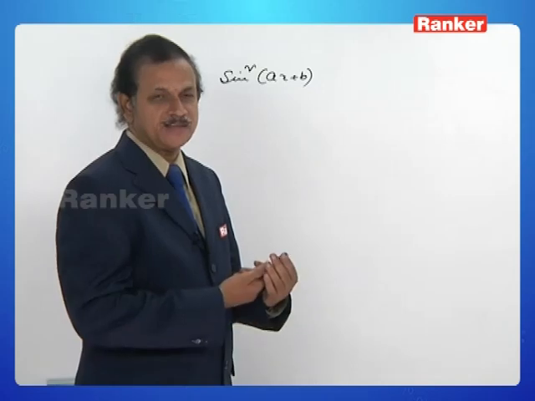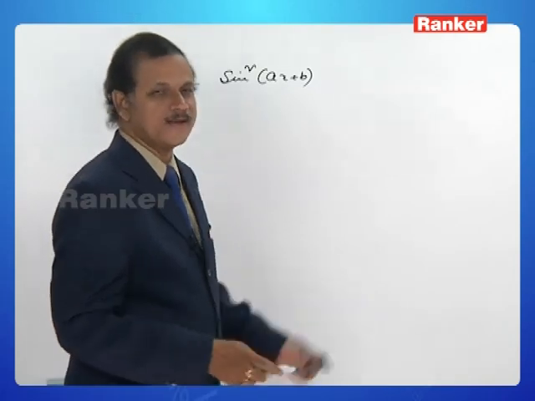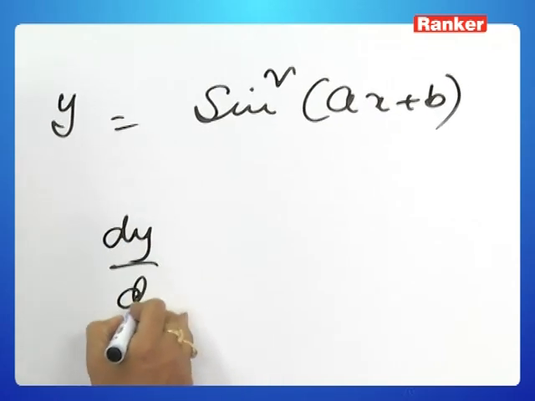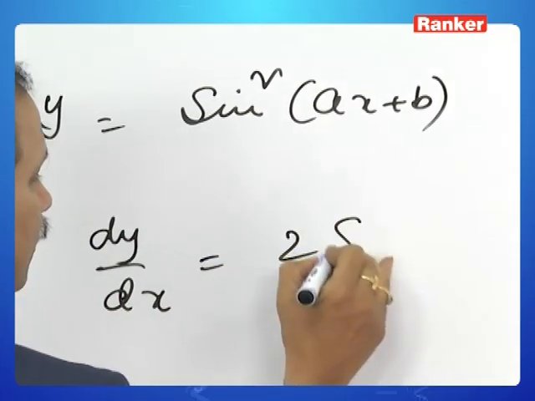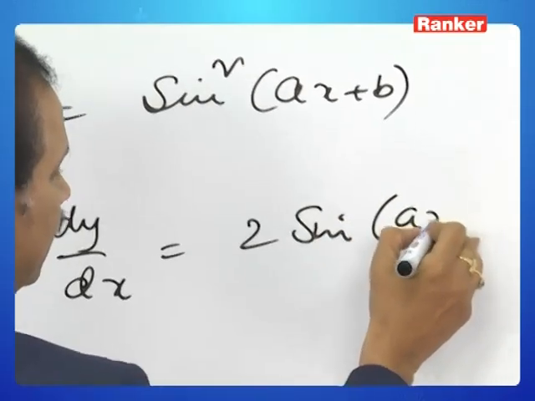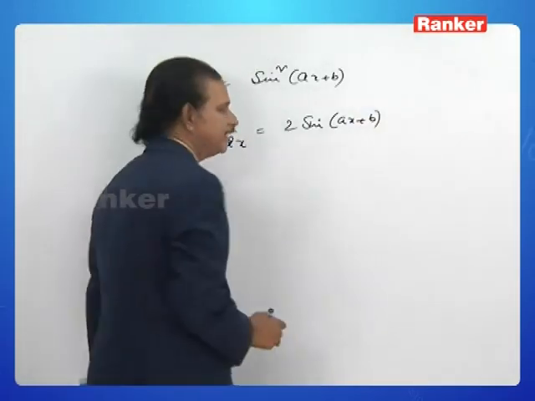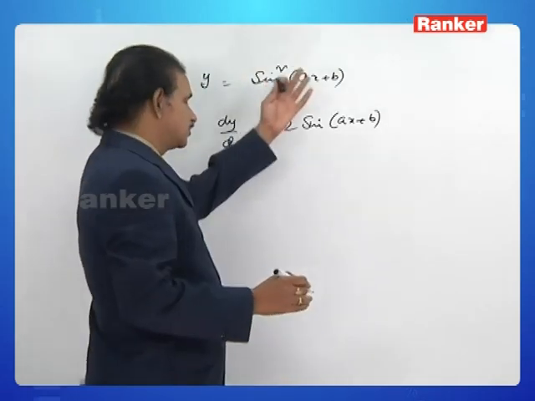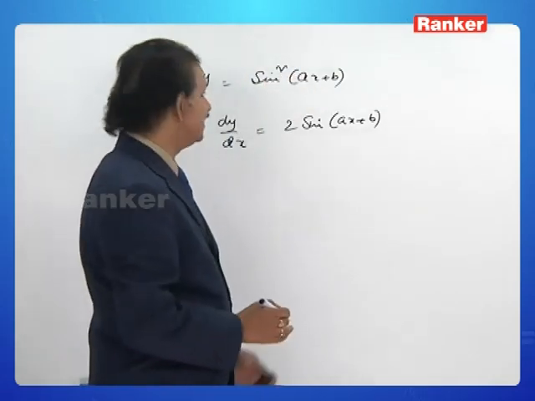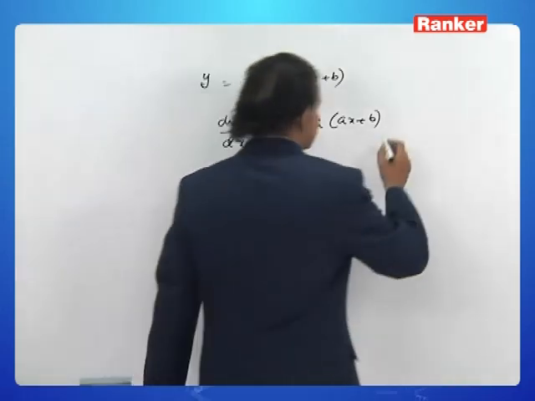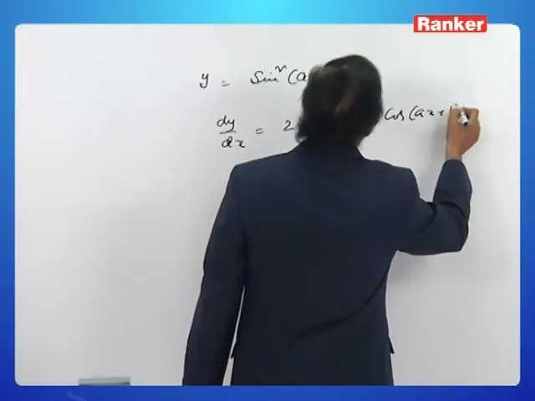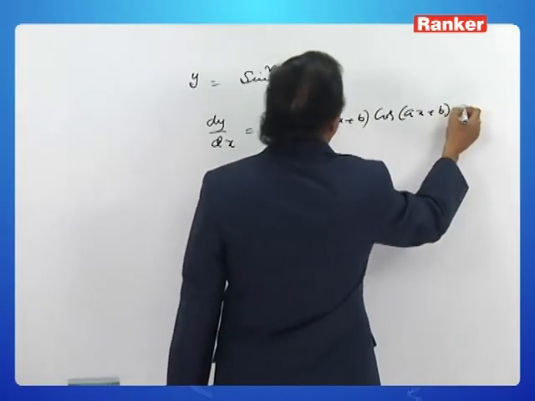Well, let us find the derivatives one by one in an order, so that dy by dx is therefore equal to 2 sine of (ax plus b), thinking sine of (ax plus b) as x. Now it looks like x square, derivative is 2x, and then for sine of (ax plus b), it is cos of (ax plus b), into, for ax plus b, it is a.